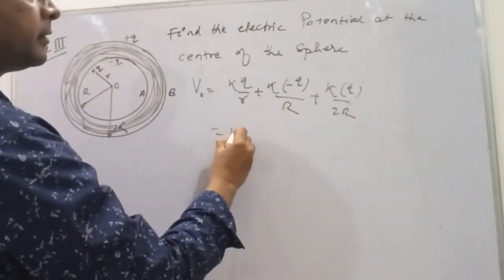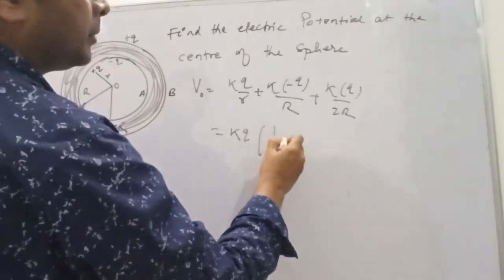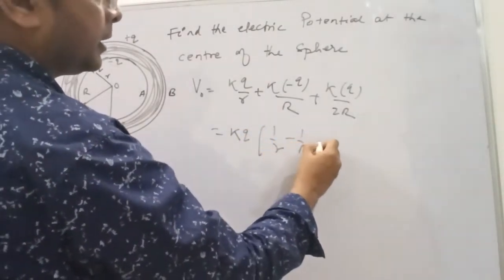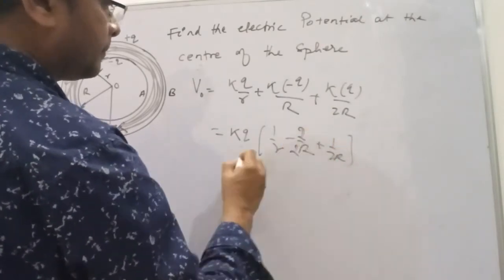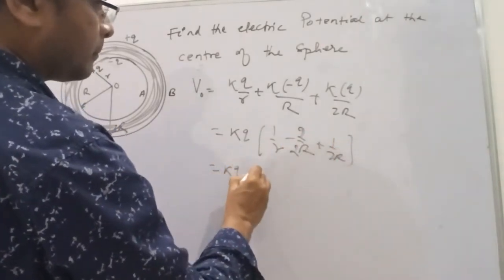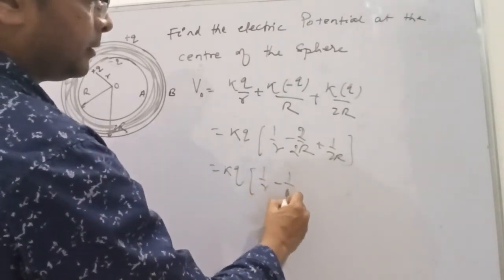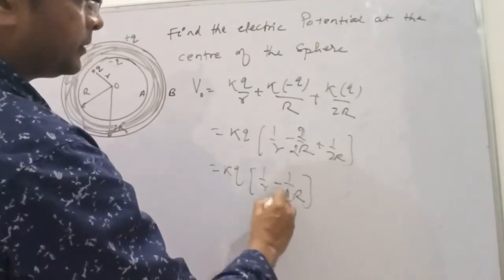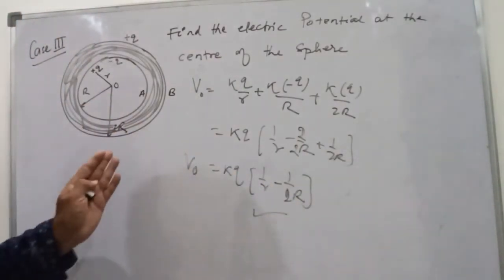Just simplify this. KQ can be taken common: 1 by r minus 1 by R plus 1 by 2R. This is the potential at the point O. Please note it down. It's again a very, very important thing.